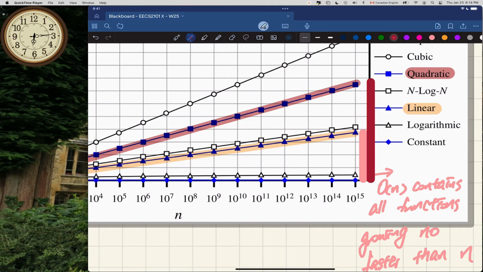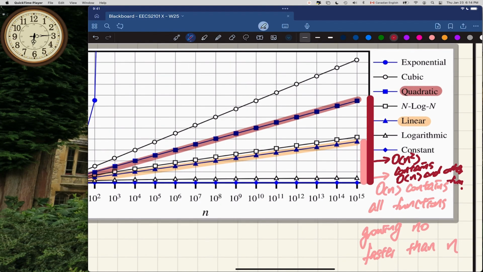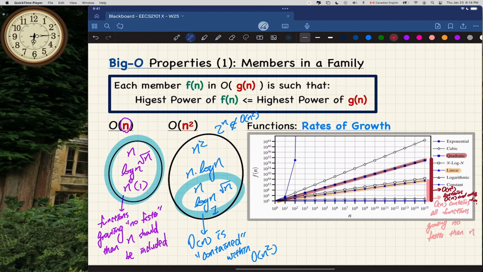So here you can say big O of n squared contains big O of n and other functions. For example, other functions could be n squared here and n log n. That's what I meant. Are we good with this one here?